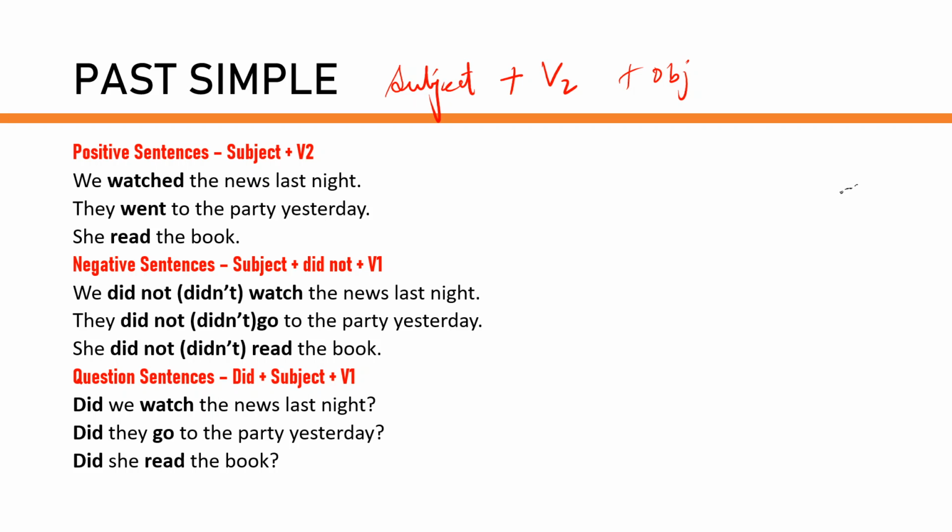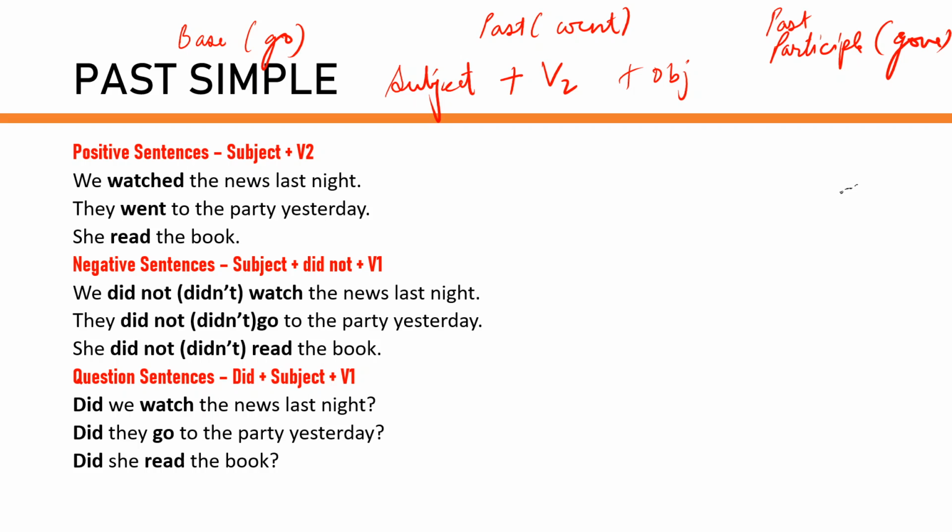I hope you remember that we have the base form. Let's say the verb go. Then we have the past form, that is went. Then we have the past participle form, that is gone. Right? Go, went, gone. So here we will use the second form, that is the past form.